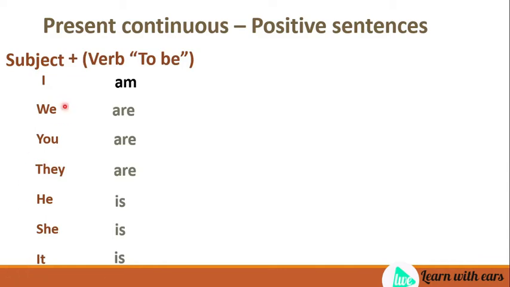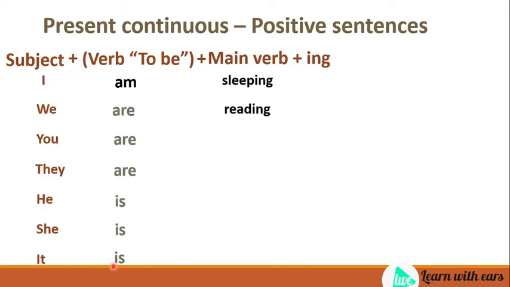With I, we use am. With plural subjects, we use are, and with singular subjects, we use is. After that, we need main verb with ing, like sleeping, reading, writing, playing, crying, singing, and working, right?